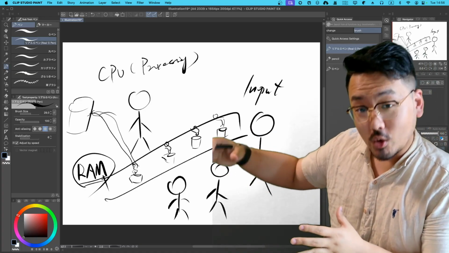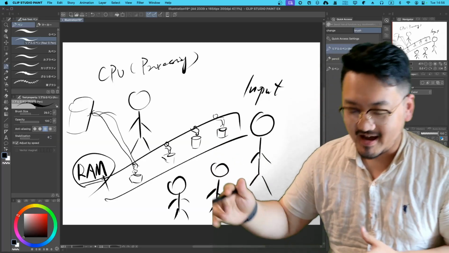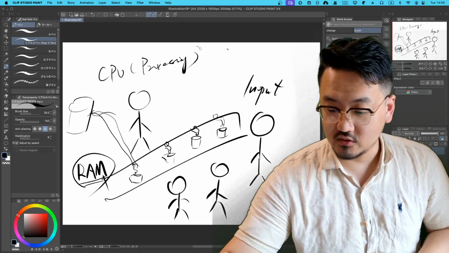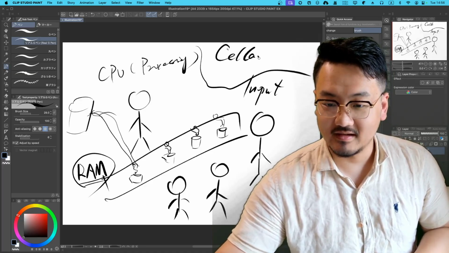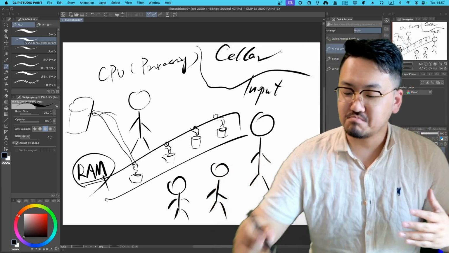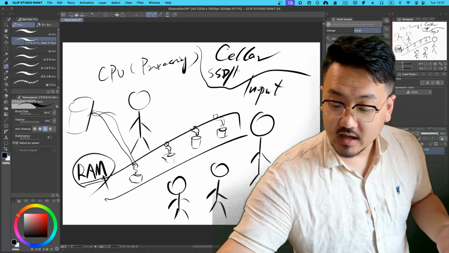But if you want to store the beer for a pretty long time, there's a cellar. I don't know how to draw the cellar here, so let me just, okay, this is a cellar. So basically the cellar is like the hard drive or SSD.